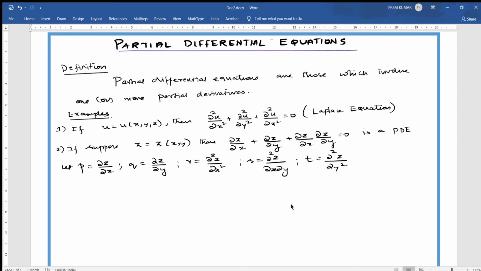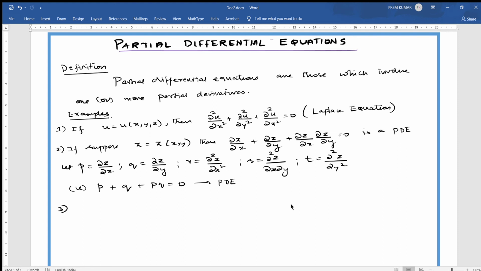So the differential equation written earlier, I can write as p + q + pq = 0, using the notations given above. Throughout the chapters we will be using these standard notations p, q, r, s and t.